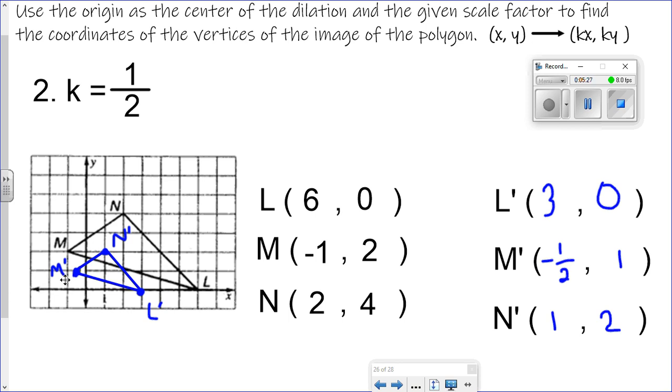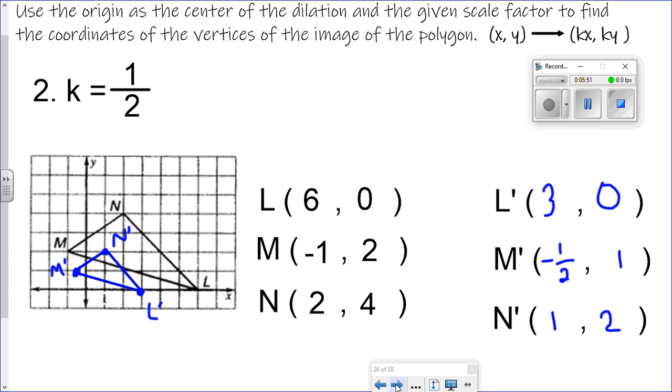As you can see, this image is half the size of the pre-image. It is smaller, so it does go in line with that. This should be a reduction. If I took the lengths of each of the sides of the image versus the length of the sides of the pre-image, I would see that they would still be proportional by the scale factor of 1/2.